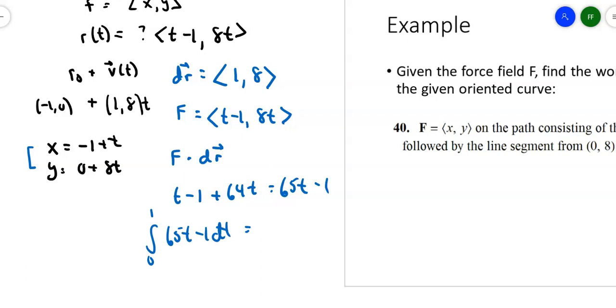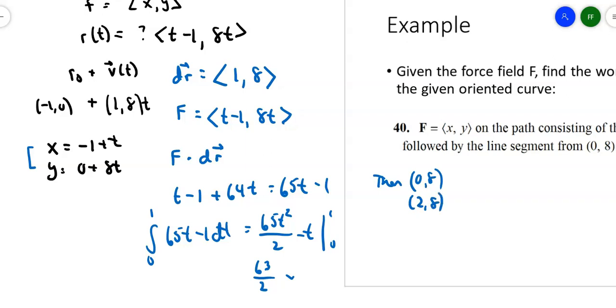And so that'll give me 65t squared over 2 minus t. If I put in a 1, I'll get 65 halves minus 1, so 63 halves. Okay, so that's part 1. And then do the part from (0, 8) to (2, 8) and add them together. All right, so work can also be found by doing the integral of F dot dr.